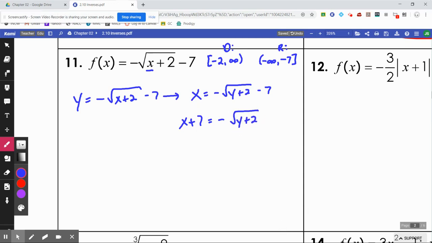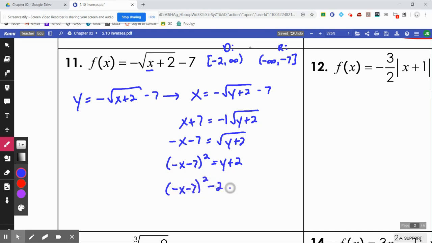You can get rid of this negative by multiplying or dividing by negative 1, and you'll get negative x minus 7 equals the square root of y plus 2. To get rid of a square root, we're squaring, so that'd be in parentheses negative x minus 7 squared equals y plus 2. Move the 2 over, and you get negative x minus 7 squared minus 2 is equal to y. And again, you can change that y now to f inverse.